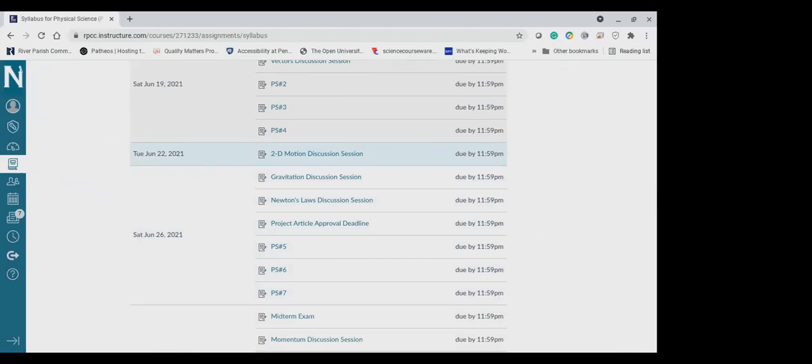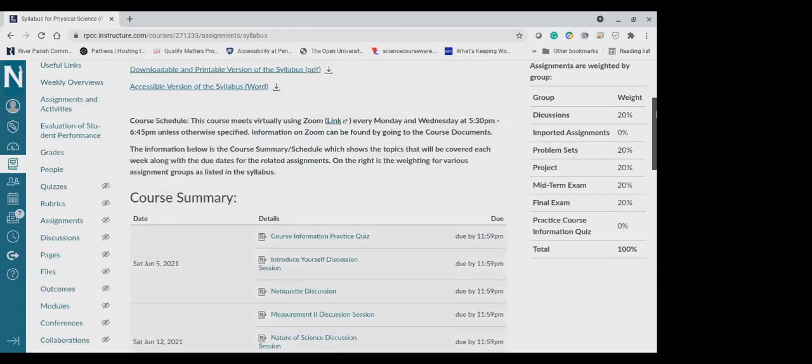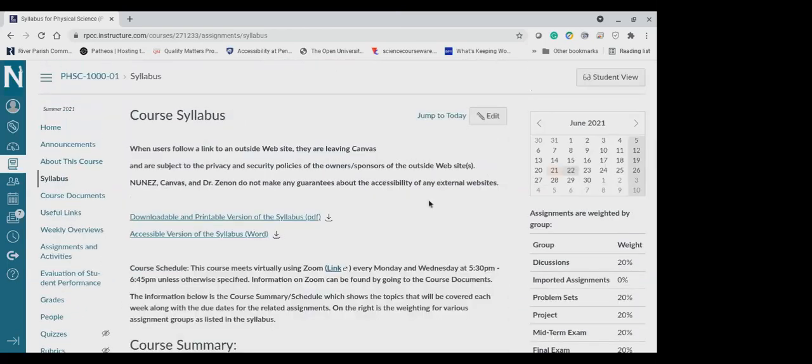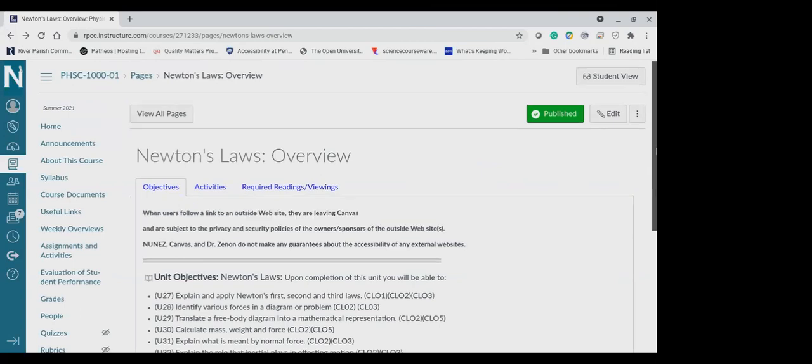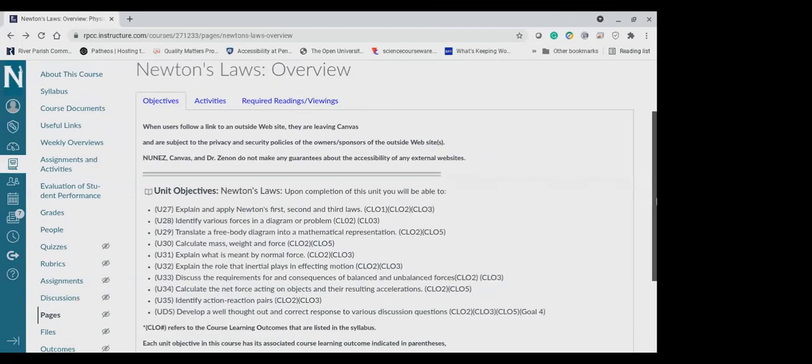So don't forget that the discussion on 2D motion is due by tomorrow, and then we'll be following our regular schedule for the remaining discussions and problem sets that are due on Saturday. I just wanted to bring that to your attention so that everybody would be mindful of that deadline. All right. So now I think we're good to move forward.